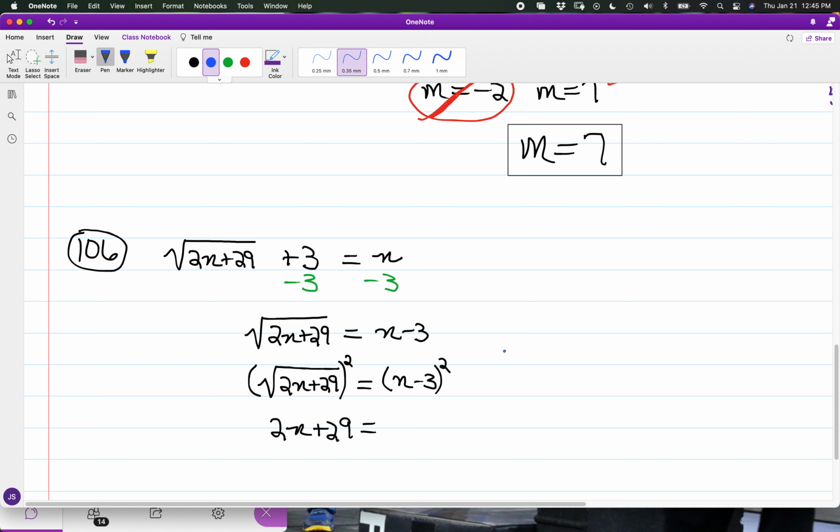And in the case of the square of n minus 3, we have n squared, and we have a negative 3n and another negative 3n, so we have negative 6n. Negative 3 times negative 3 is a positive 9.